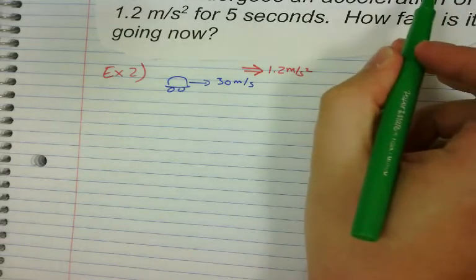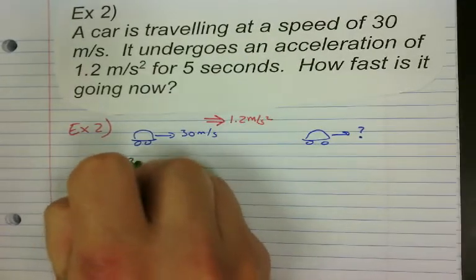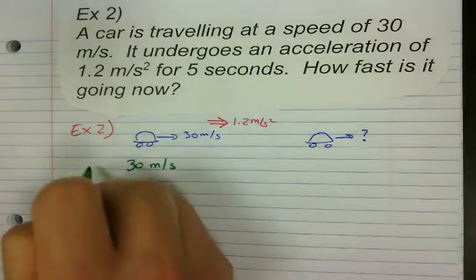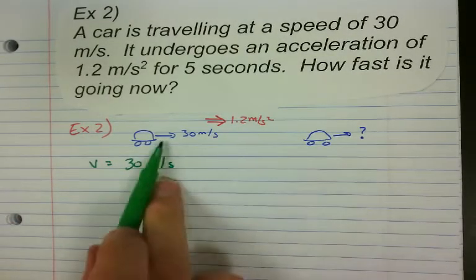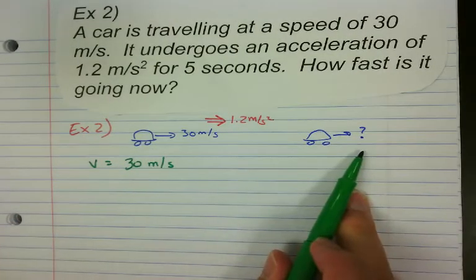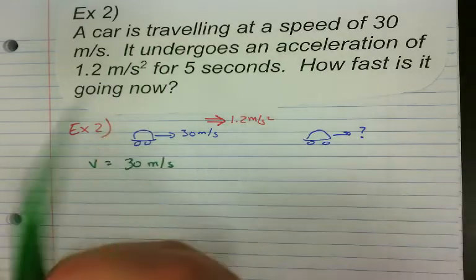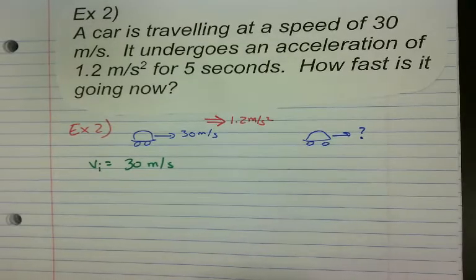30 meters per second, what is that? Well, 30 meters per second we know is a velocity, but I've got to be careful because I've got 2 velocities here, right? So if the speed is 30 meters per second, that's what I started with. So I'm going to call that my initial velocity, VI.